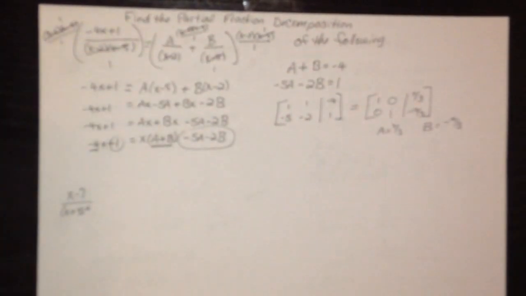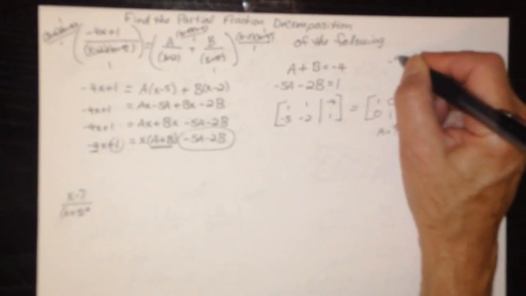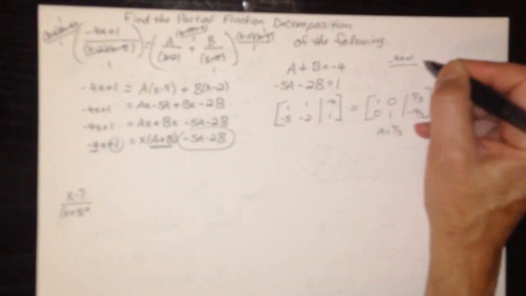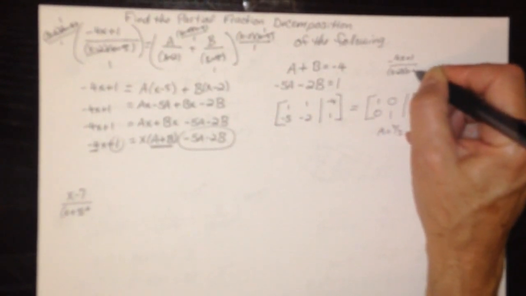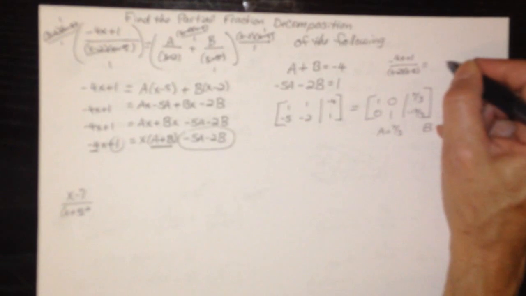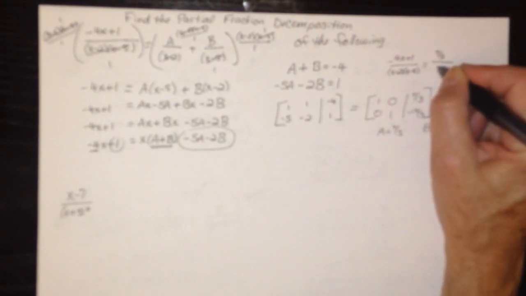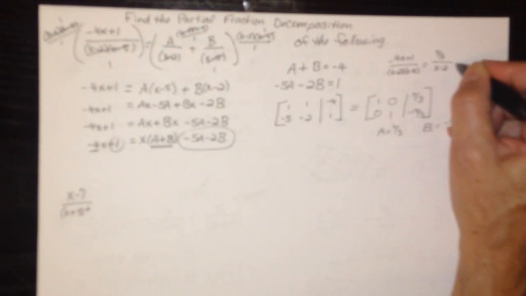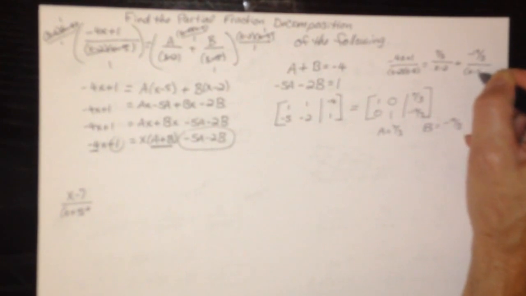Okay, now the partial fraction decomposition of negative 4x plus 1 over x minus 2 times x minus 5 is equal to A, which is 7 over 3, over x minus 2, plus B, negative 19 over 3, over x minus 5.